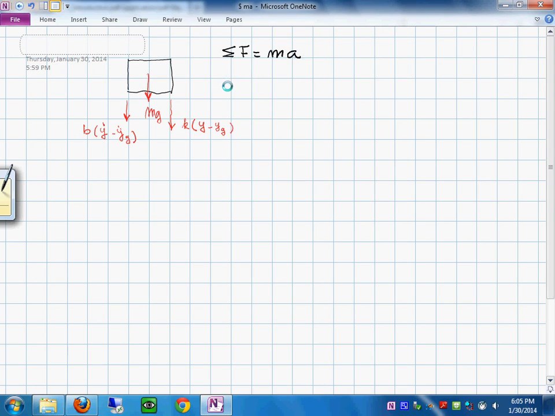So we'll change pens, and then we say the summation of forces equals mass times acceleration, or in this particular case: minus k times (y minus y of the ground), minus b times (y dot minus y dot of the ground), minus mg, is equal to mass times y double dot, like that. See? So this one, I am going to write it down, is a second order differential equation.